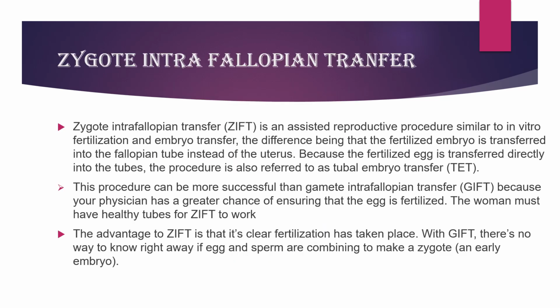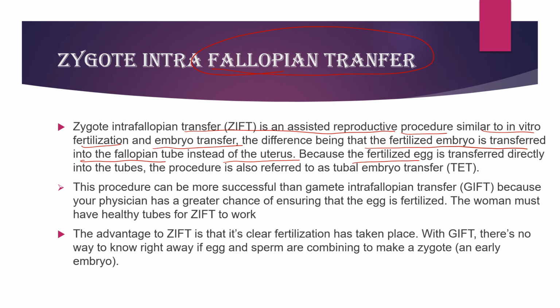Now, the next technique is zygote intrafallopian transfer. Zygote intrafallopian transfer is an assisted reproductive procedure, and it is similar to in vitro fertilization and embryo transfer. So, what is the difference? The difference is in the name here. You can see it is the intrafallopian transfer. That is, the fertilized embryo is transferred into the fallopian tube instead of the uterus.